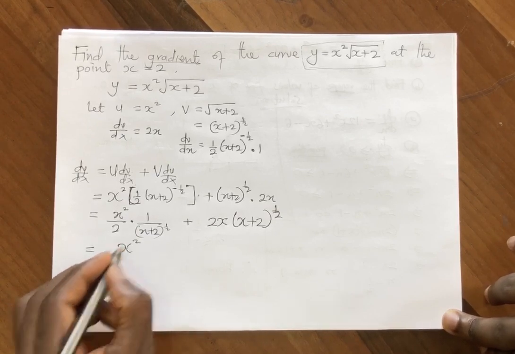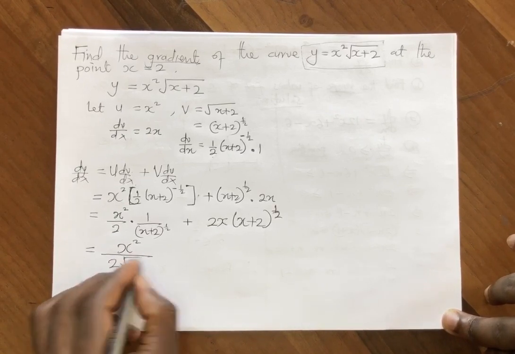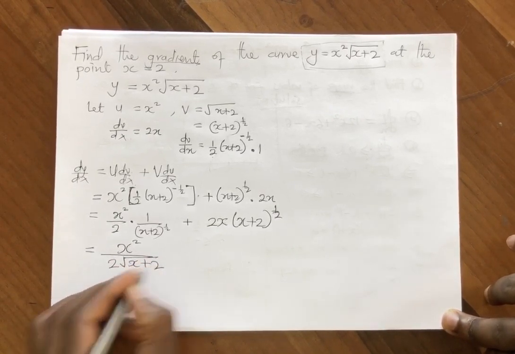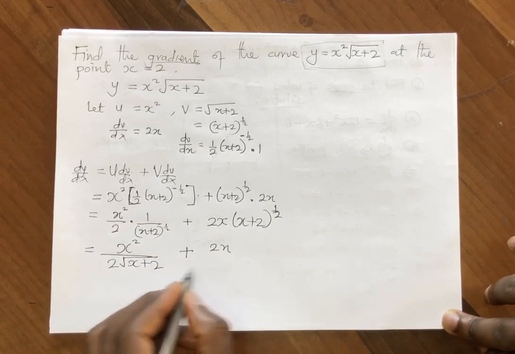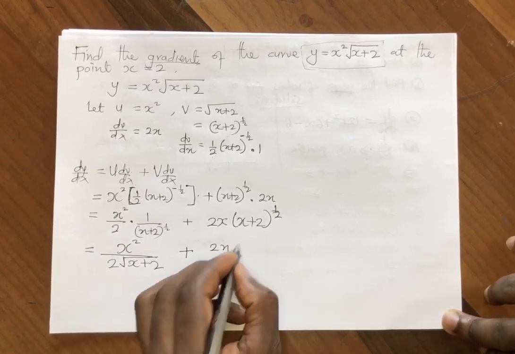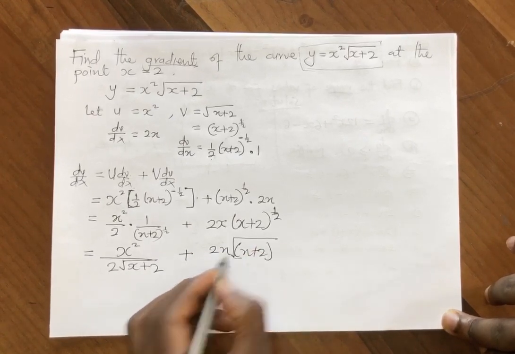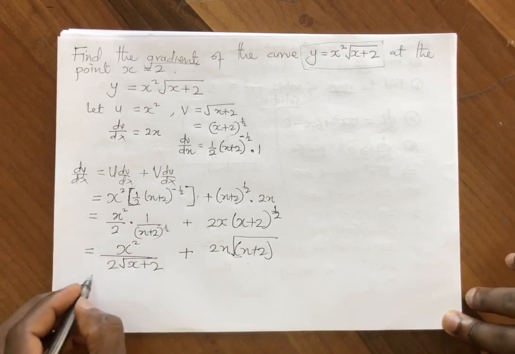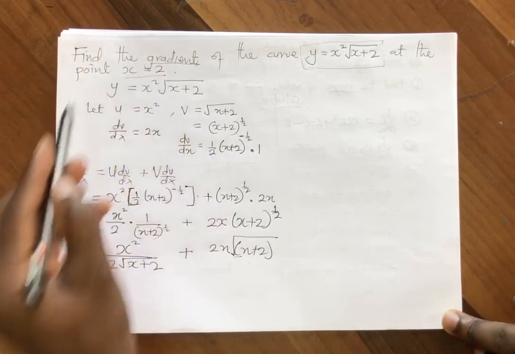Then x squared over 2 square root of x plus 2, plus 2x, and then x plus 2 all raised to the power half, but you could just take the square root of it. That's also fine. But the question said we should find a gradient at this point.